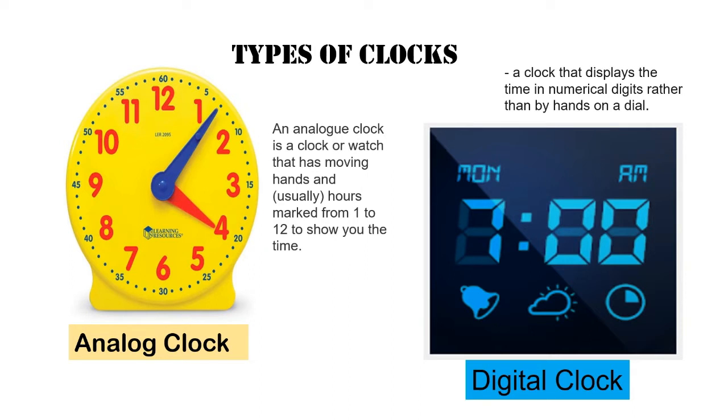This type of clock shows numbers to display the time in a digital format, such as on a watch, phone, or an alarm clock. This can be in both 12 and 24 hours formats. Digital clock. Remember that we have two types of clocks. First is analog clock, and the second one is digital clock.